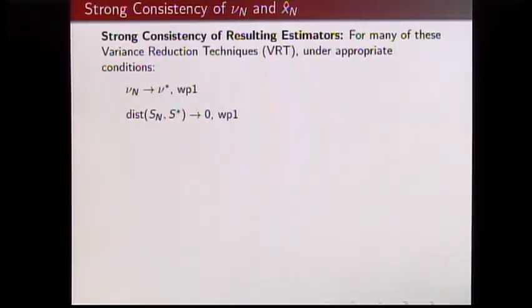And the same thing for the solution, and this is written with respect to solution sets. There might be multiple optimal solutions here, multiple optimal solutions there. The distance between these two sets goes to 0 with probability 1. So eventually your SAA will give you the true problem solution and value.